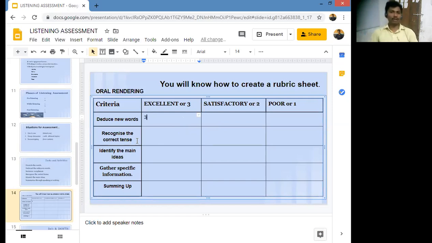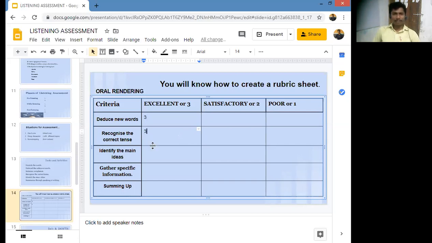Suppose while having the rendering, I will ask them about the tenses of the sentences which I have used in that topic. If my learners clearly mention, oh sir, this is a sentence of simple past tense, this is a sentence of simple present tense, and this is from present continuous tense, then I would give him 3 marks, the mark of excellency.